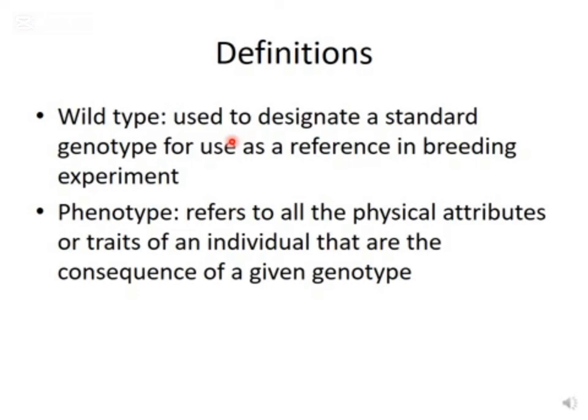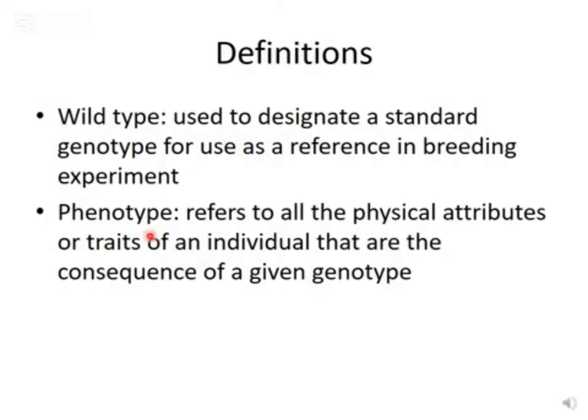So let's say all bears are brown. So the wild type is brown. If there is a mutation, you could have, for example, a white bear. However, the wild type is the brown, and that's the dominant, and it's the more standard genotype that represents itself in the population that you have.